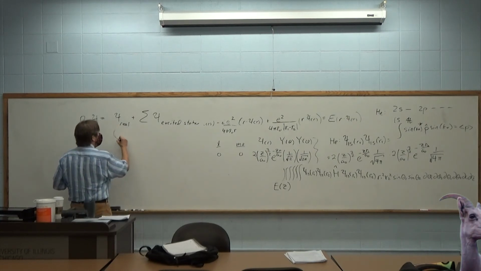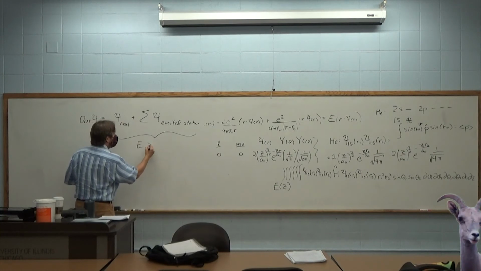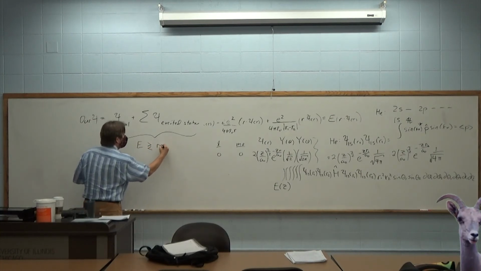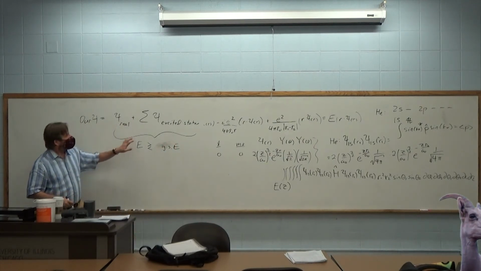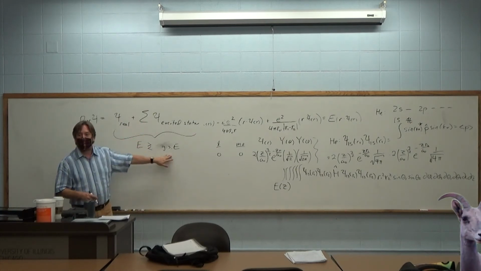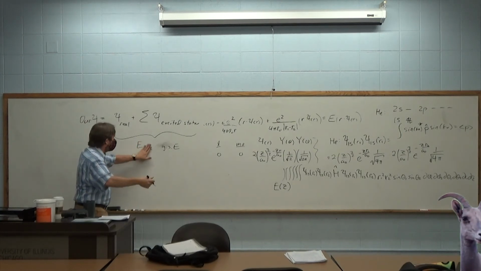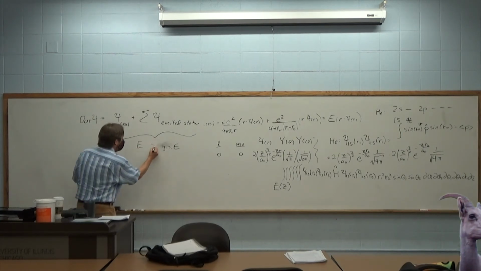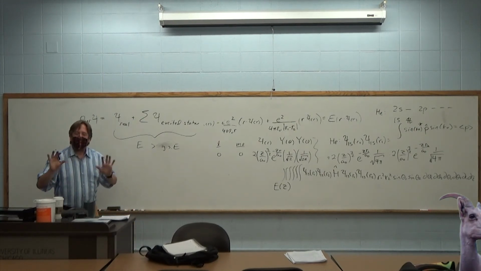So looking at this, you tell me, is the energy of this greater than or less than the ground state energy? The energy of a ground state plus excited states is greater or less than just the ground state energy? Greater. Yes, it's greater. Now, this is called the variation theorem.